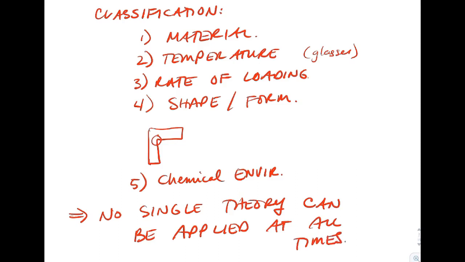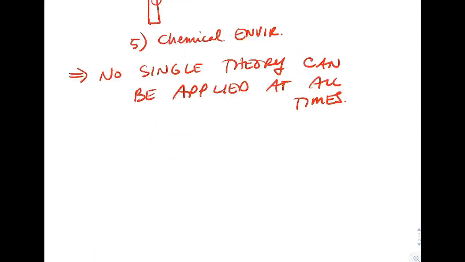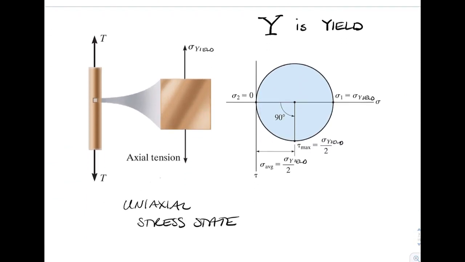Again, the criteria we're going to deal with today are for ductile materials, but engineering judgment must be used as to when to apply the theory and the case in which it's going to be applied. There are many yield criteria that can be used, but they must be used at the proper time.